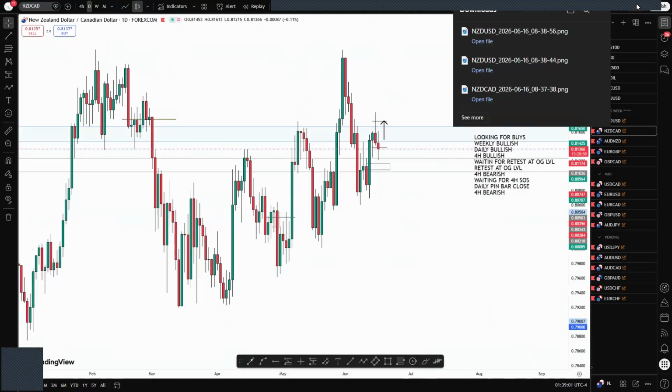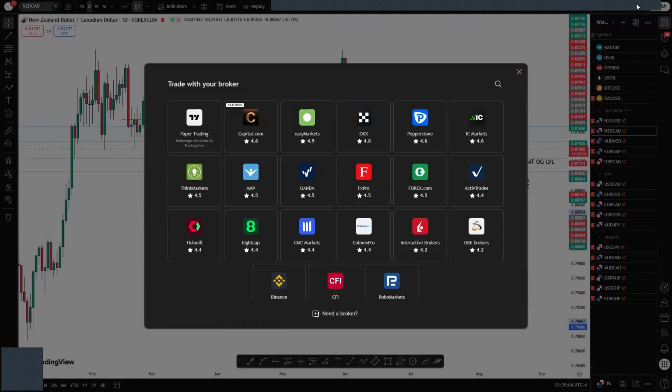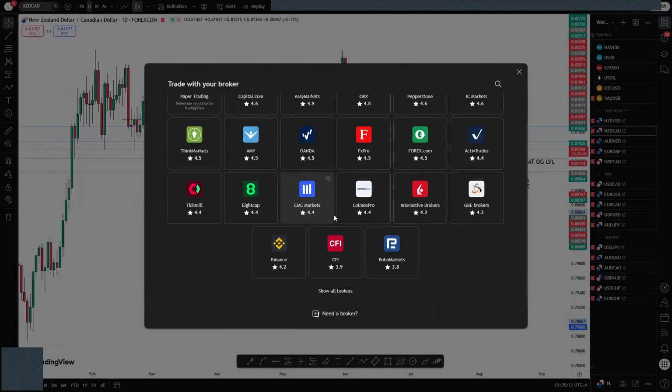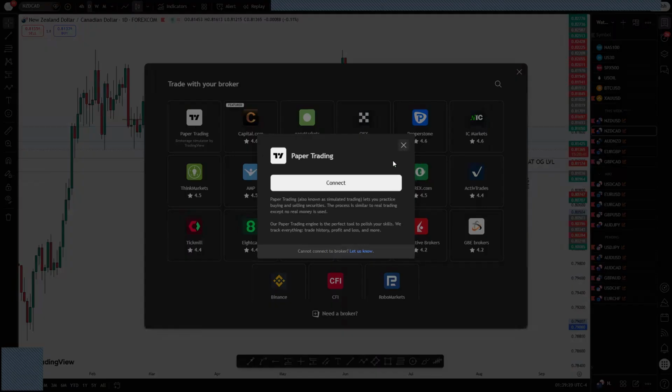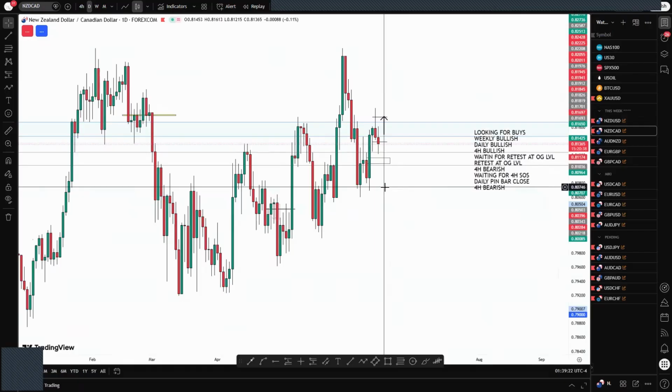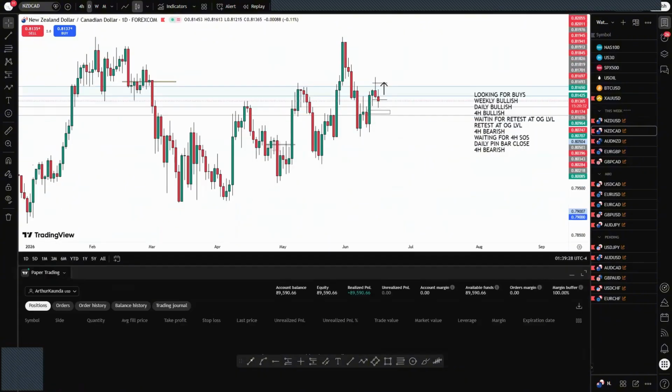I remember when I started, I would paper trade this. Where's the paper trading thing? I had no money to put in a real account, so I would paper trade, and I did it so badly.